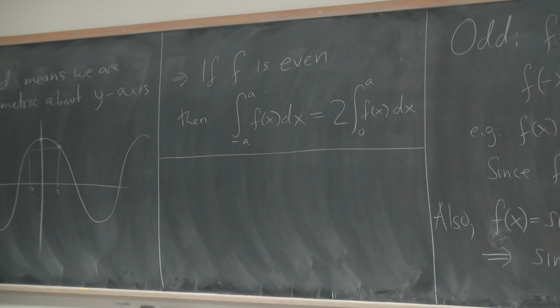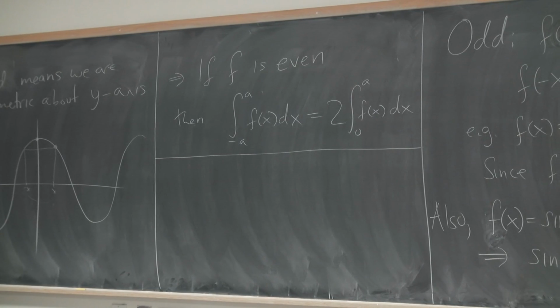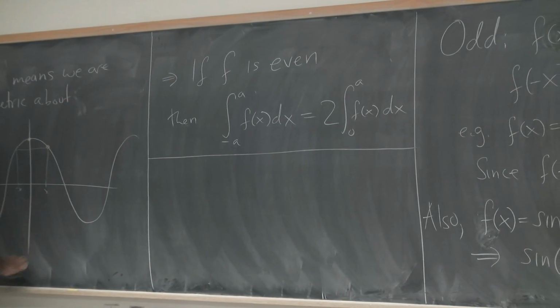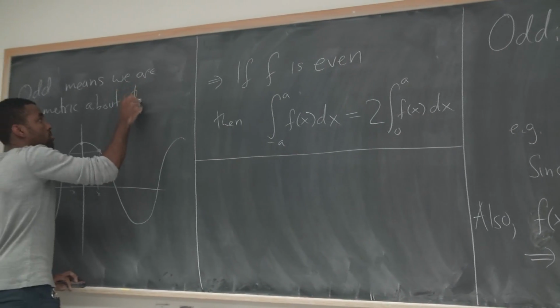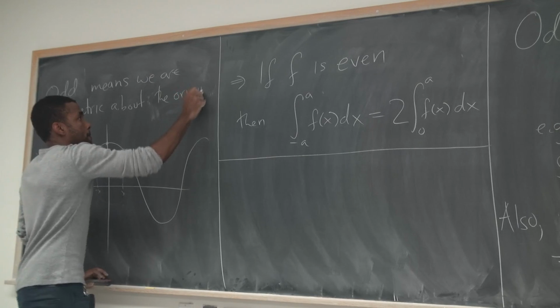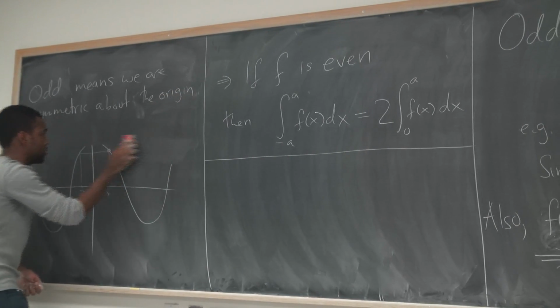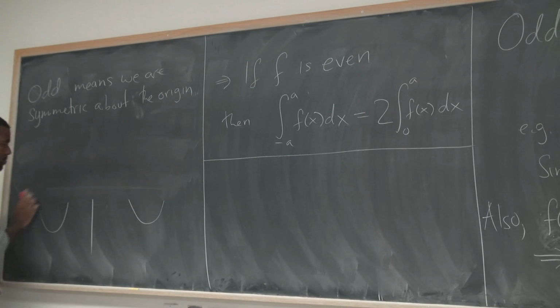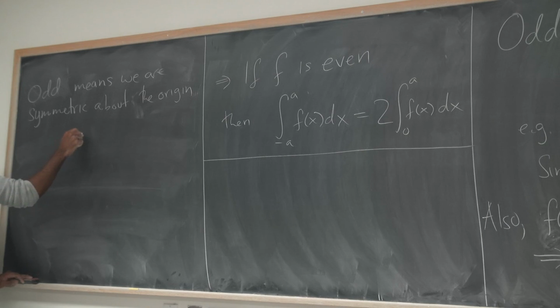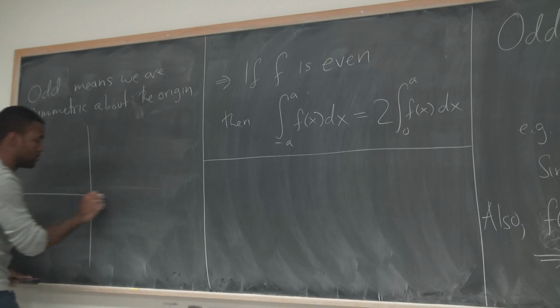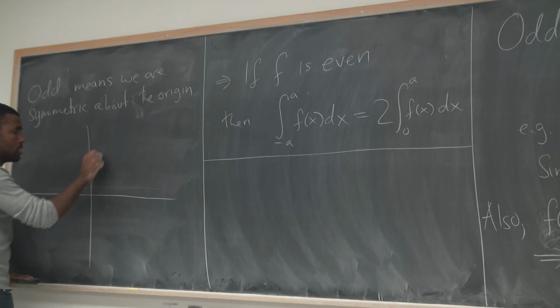So odd means we're symmetric about what? Symmetric about the origin. And sine has this property. Sine looks like this.